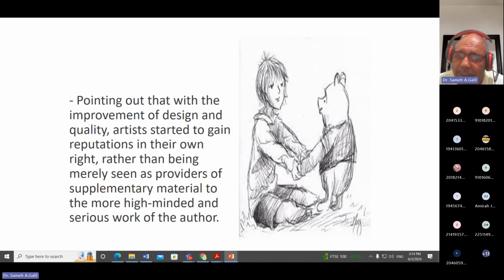So over time, because of the quality of what they do and the improvement of design, those illustrators started to be known, and people started to appreciate the work they produce. So you no longer have the idea that the author is more important than the illustrator. No. If the two of them are both important, the illustrator can be more important at times.